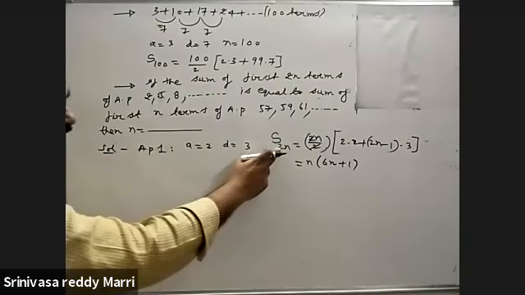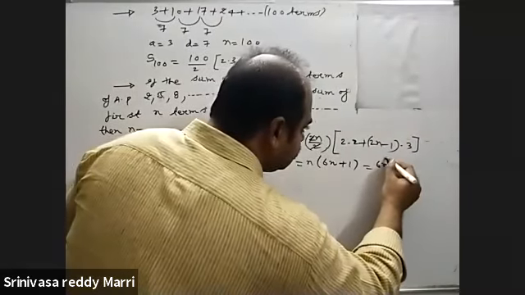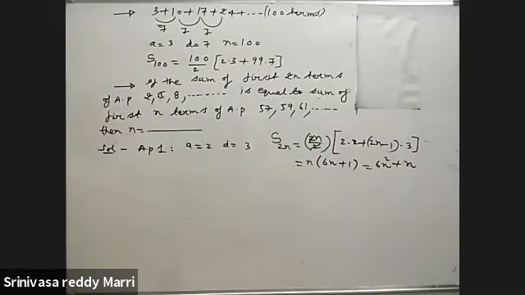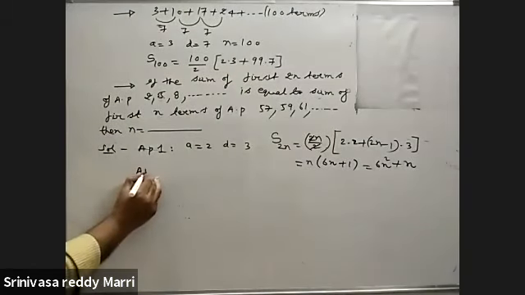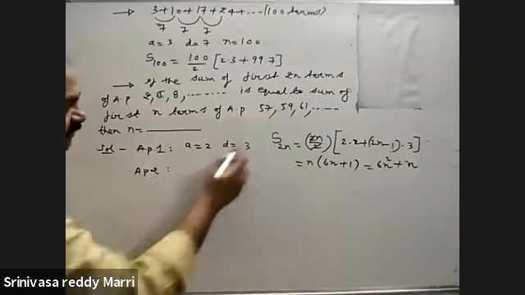So the sum of first 2n terms is 6n square plus n. Now AP2. Another AP is there.